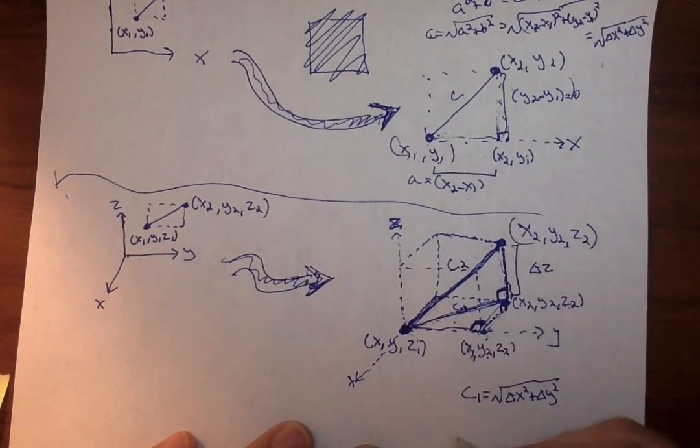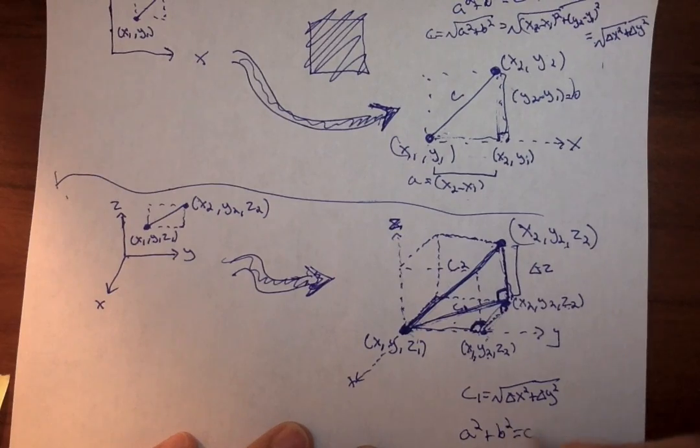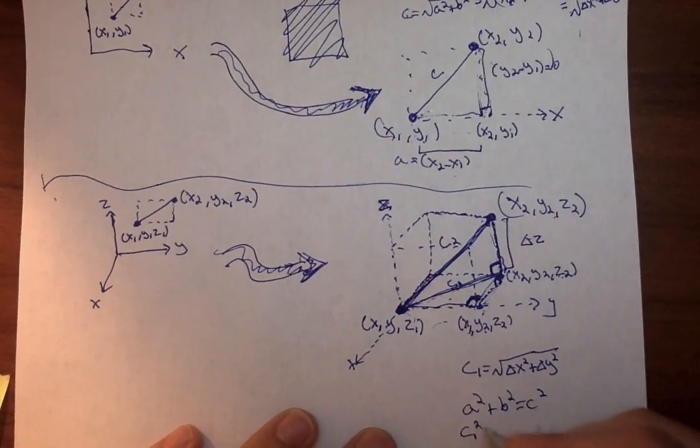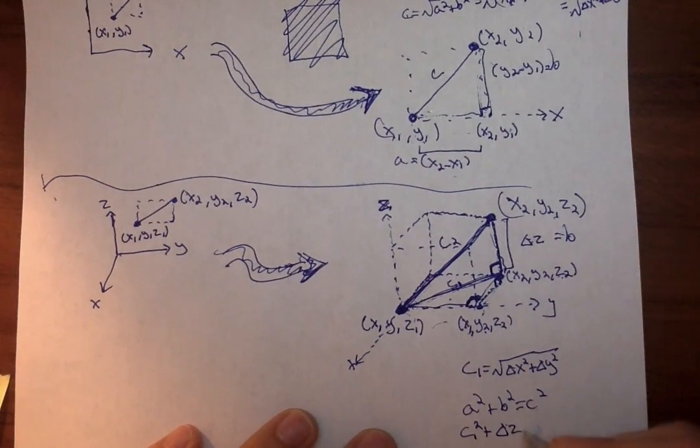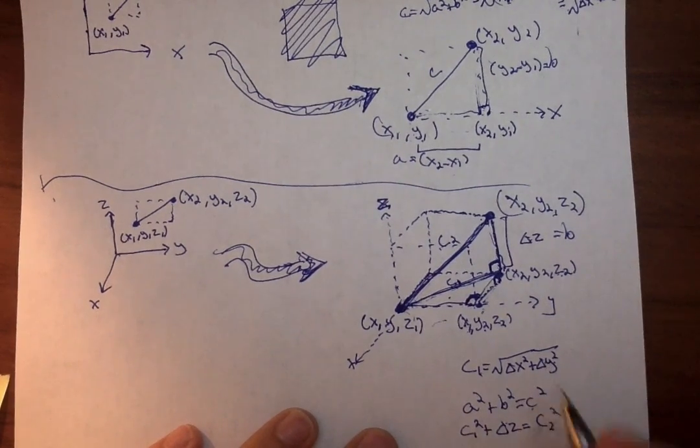Now going to Pythagorean theorem, of course a squared plus b squared equals c squared. C1 is my a. My b is going to be the change in z. And then my c is what I'm calling C2 in this case. So using the fact that I know what C1 is, if I plug this in here, then what I'm going to get is this.